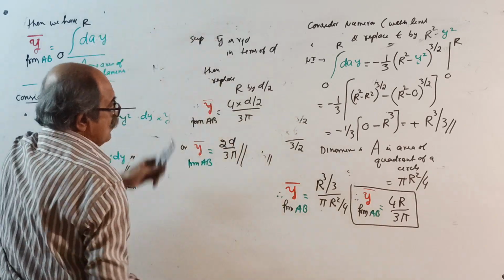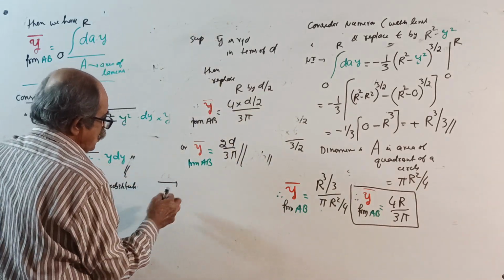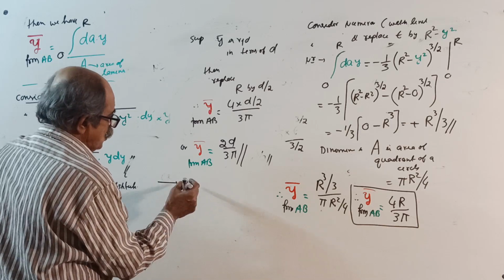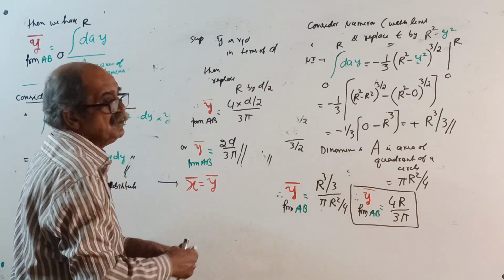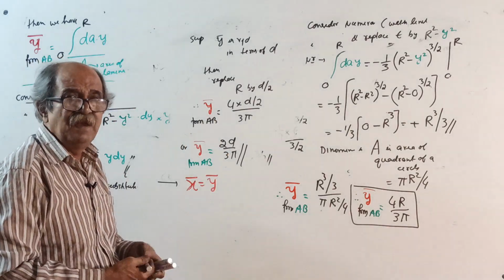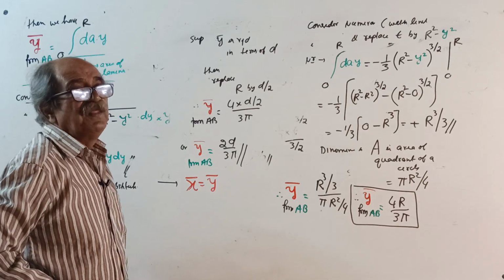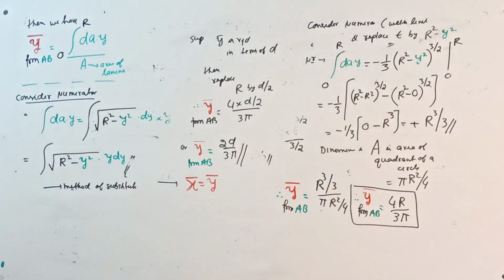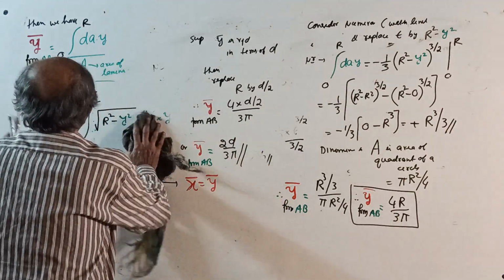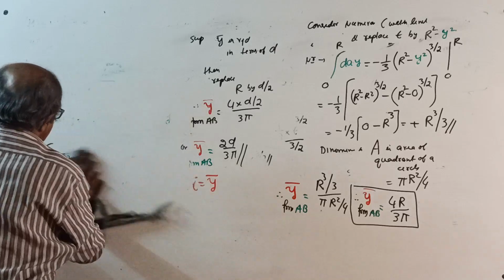Okay, we got y bar. Also note x bar equals y bar. You don't have to calculate; just turn it, and the same semicircle will come. The horizontal becomes vertical and vertical becomes horizontal with no changes. Therefore, write the final result here.